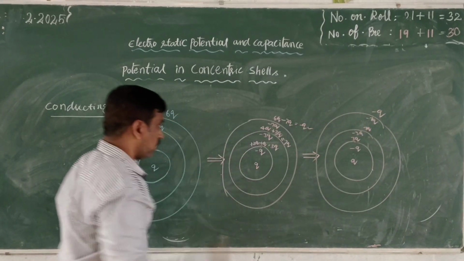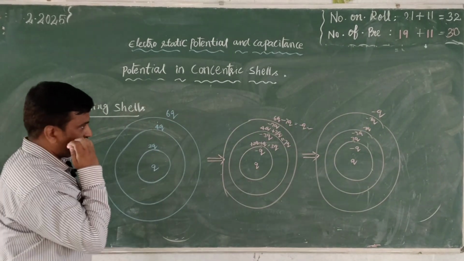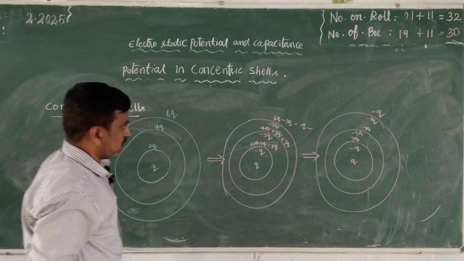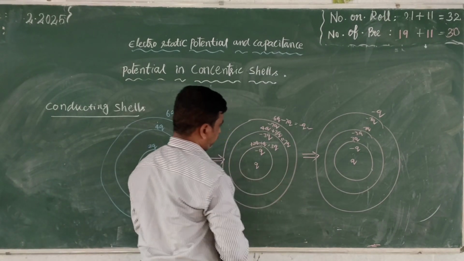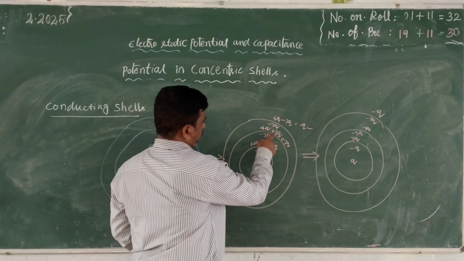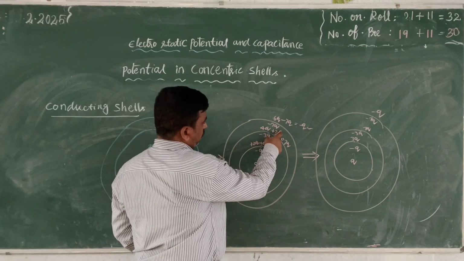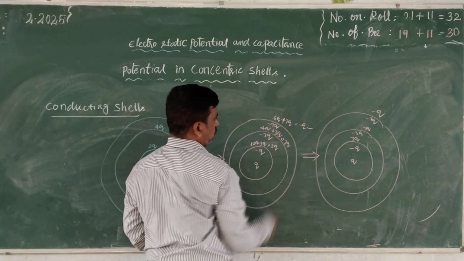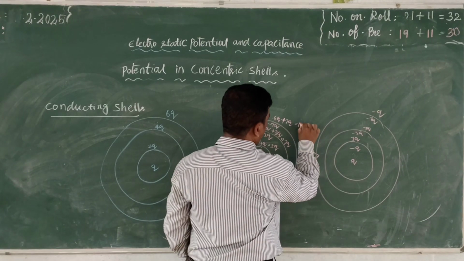See here now, 7q plus q, 7q minus 7q plus 7q, here this one is 13q.